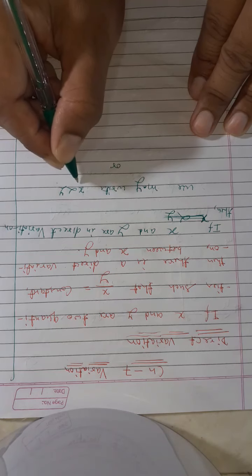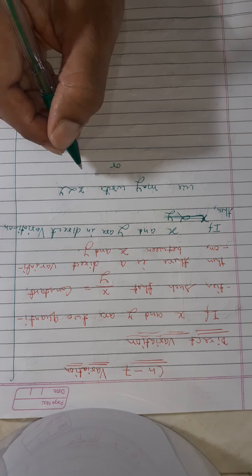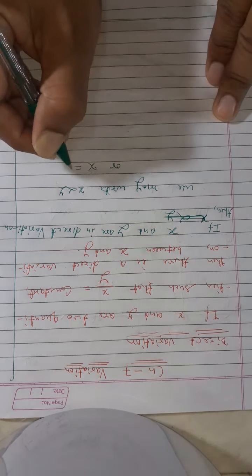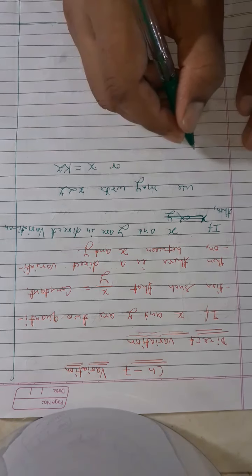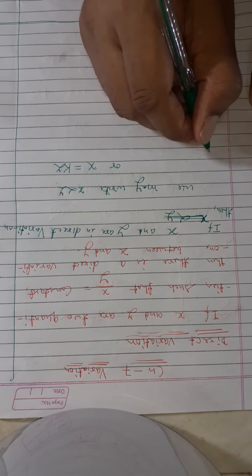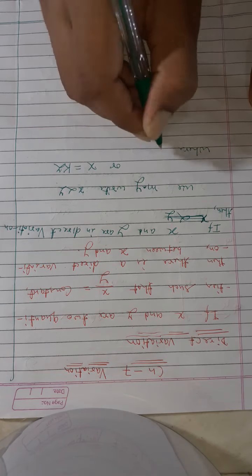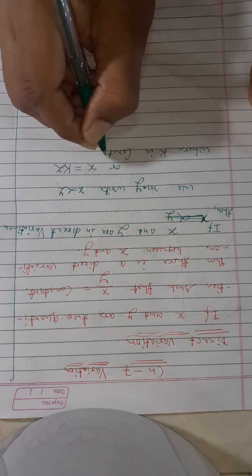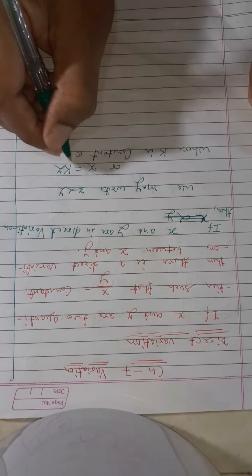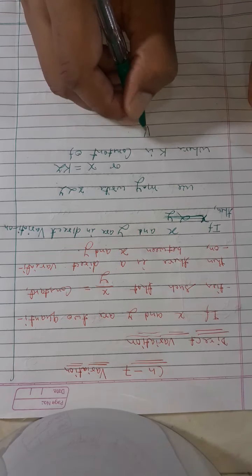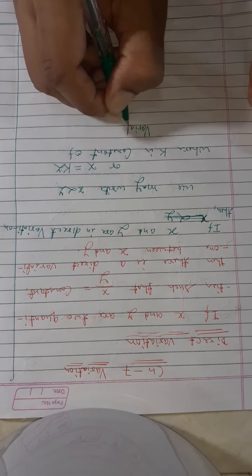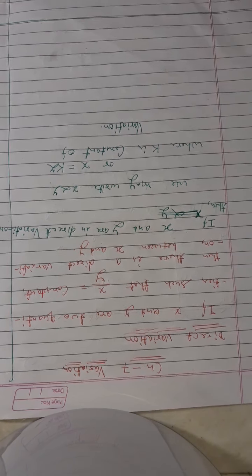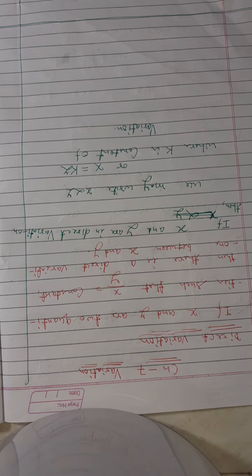Or if you want to write it in the form of an equation, it will be x is equal to ky, where k is the constant of variation. This should be clear.